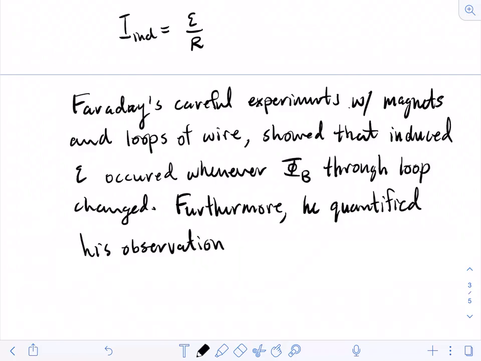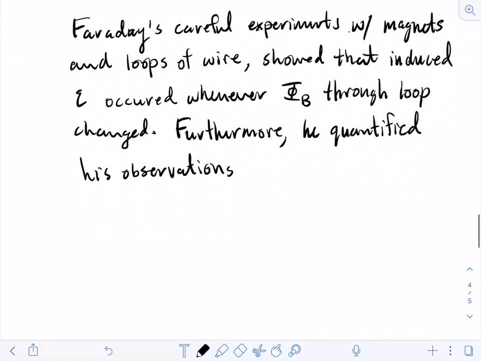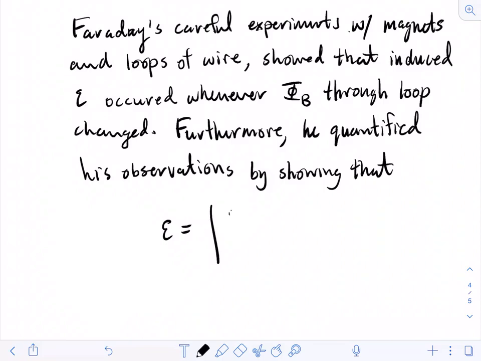And so what I mean by that is he actually measured the induced EMF and compared it to calculated changes in flux, and he quantified his observations by showing that the induced EMF had a magnitude equal to the time derivative of the magnetic flux.